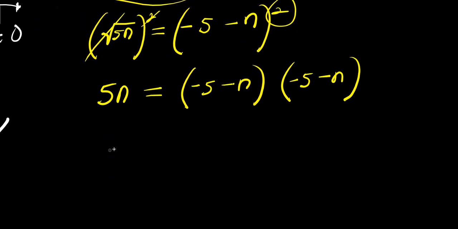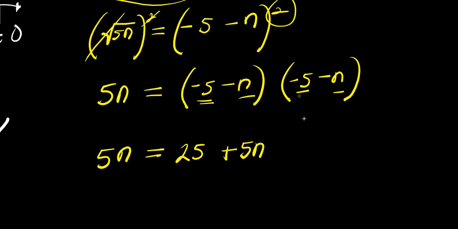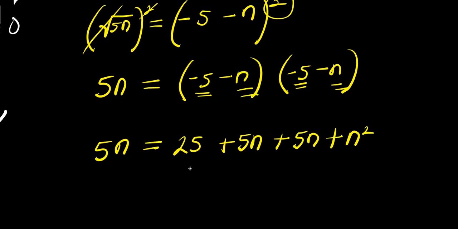So from here, we have 5n equals negative 5 times negative 5, that's 25, plus negative 5 times negative n, plus negative n times negative 5, plus negative n times negative n, which is n squared.